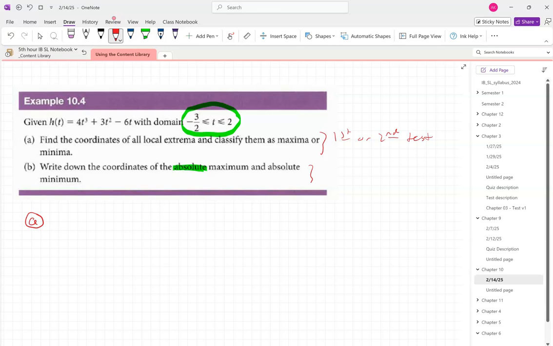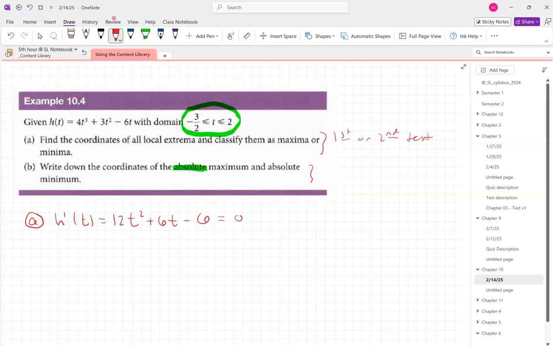All right, so we'll start by finding that first derivative. So far, so good. I observe that this is a polynomial function that's continuous over its entire domain, so I don't have to worry about that.